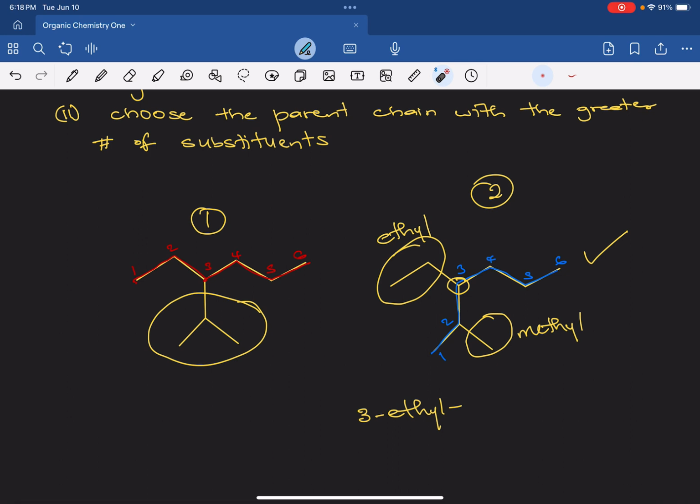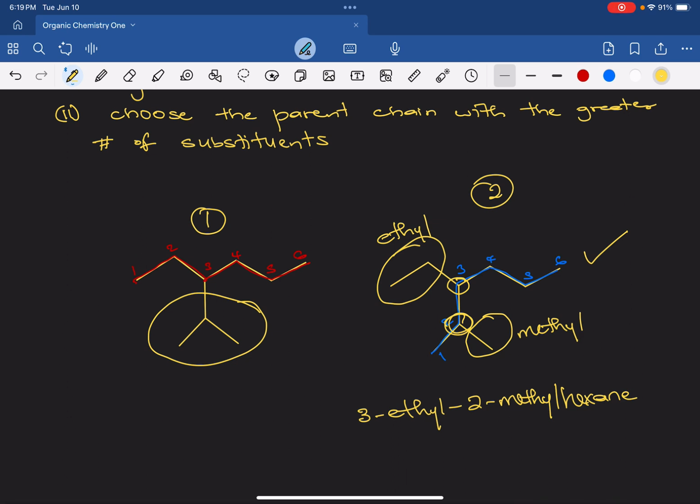On carbon 2, I have a methyl group. So it's 2-methyl. And then 6 carbons in my longest chain. That's the parent name, hexane.